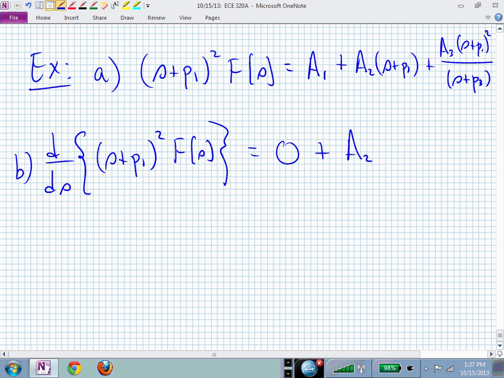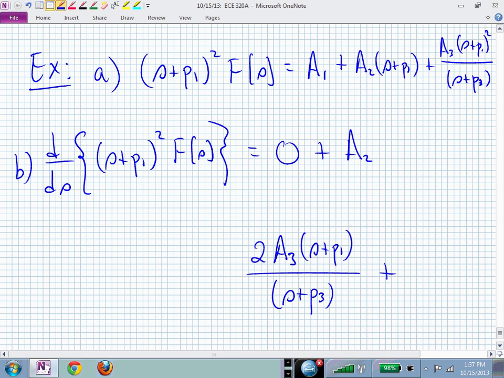If I differentiate the numerator, I now have 2a3 times s plus p1 times the derivative of s plus p1 with respect to s, which is 1, and that's over my denominator. Then the derivative of the second term, which is downstairs.